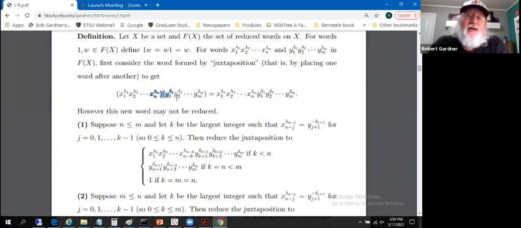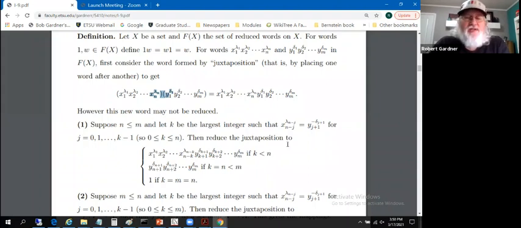The second one in the second word and the second to the last one in the first word, and so forth. And so suppose that this relationship holds for j equals 0 through k minus 1. So we've got k terms we need to simplify.